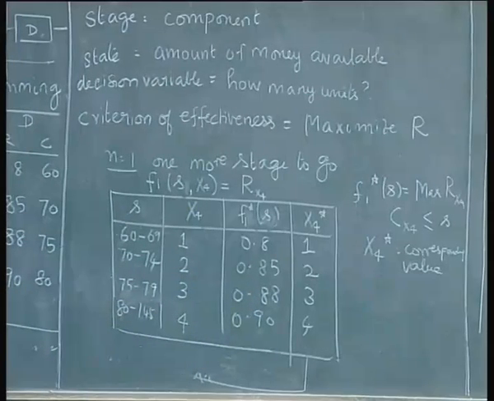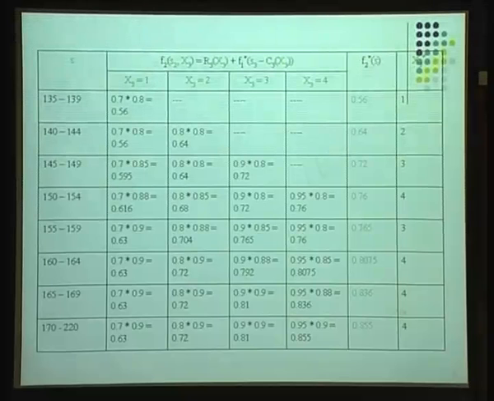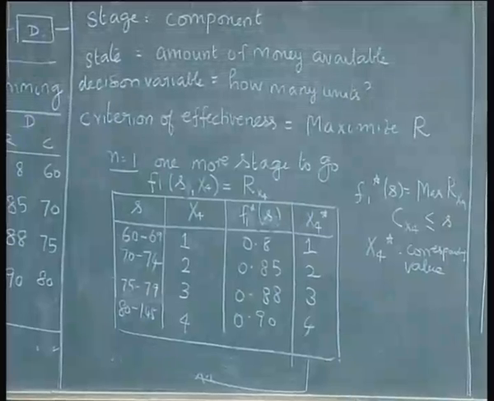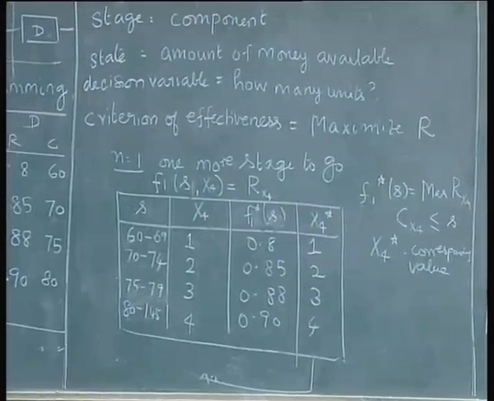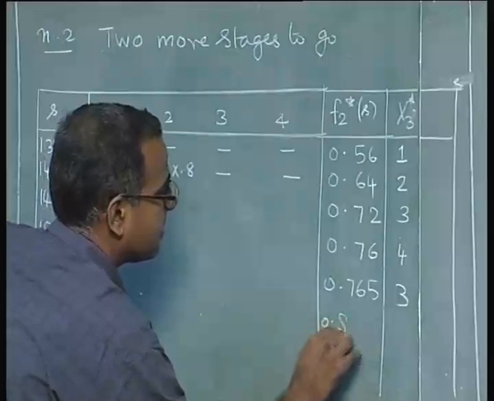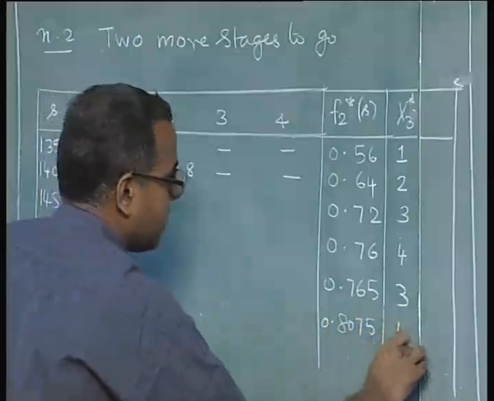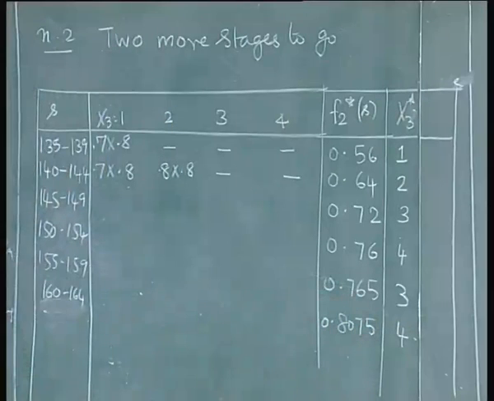If I decide to buy 4, I have 90, giving me 0.95 into 0.88, which gives me 0.8075. So when I am at 160 to 164, I have 0.8075, which comes as the maximum reliability, and my decision would be to buy all 4.